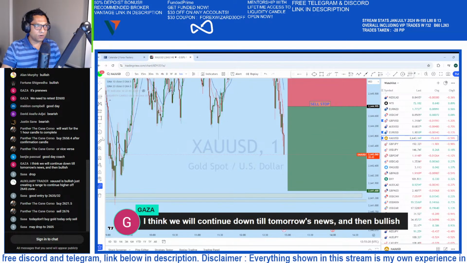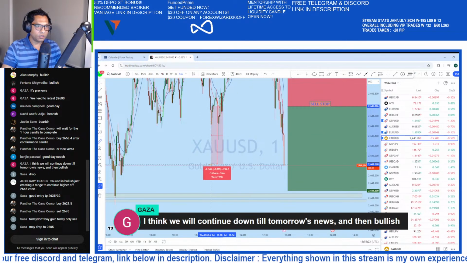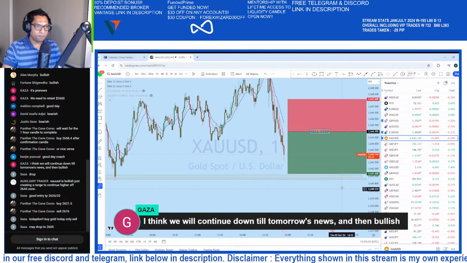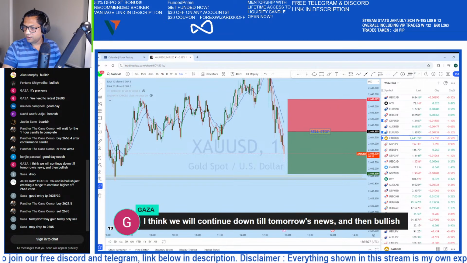We are up now at the moment in this trade 24 pip. I'll still be holding it for the full TP hit potentially.